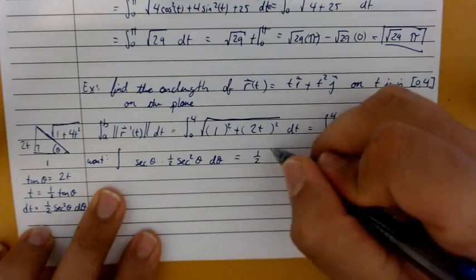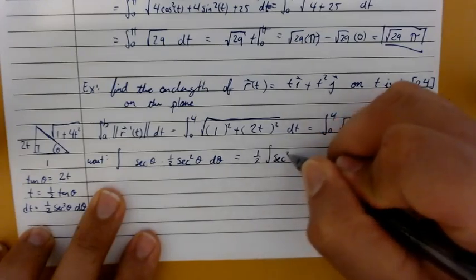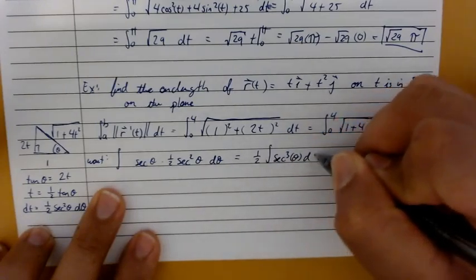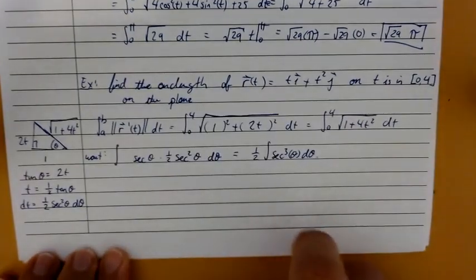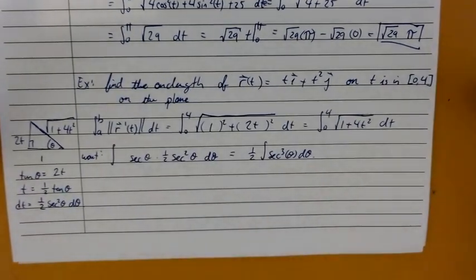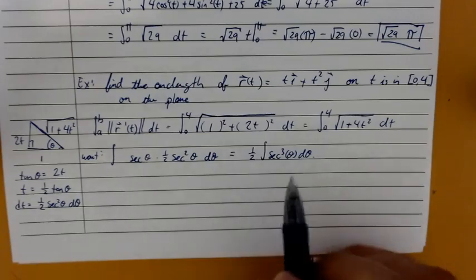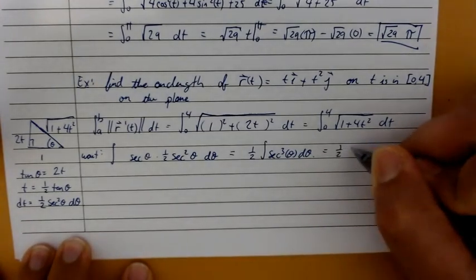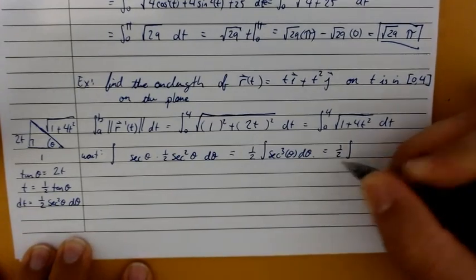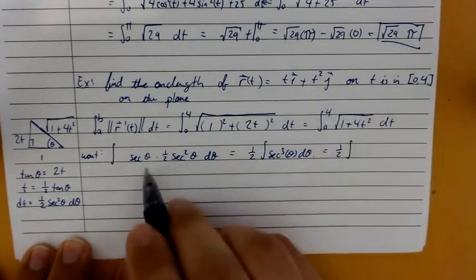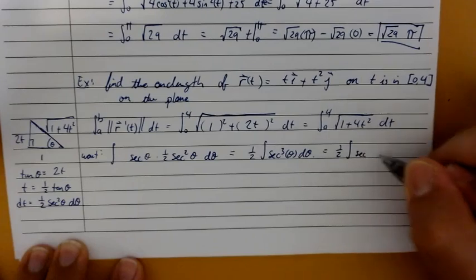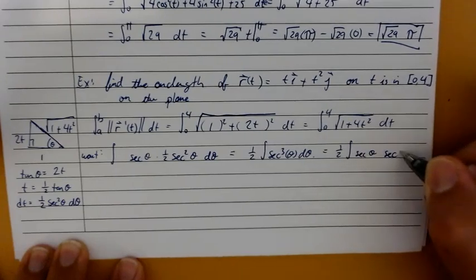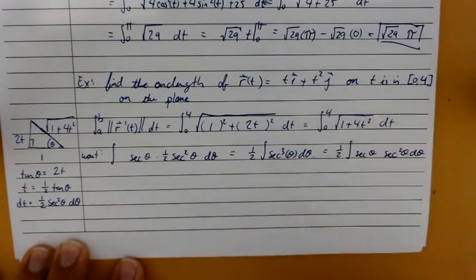Okay, so that's going to be 1/2 times the integral of secant cubed of theta d theta. And now that's another result from Cal 2. That's the one where we perform integration by parts. So here we can split this as 1/2 the integral of, we can write this as, secant of theta times secant squared of theta d theta.